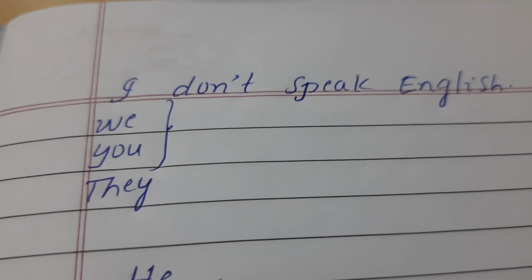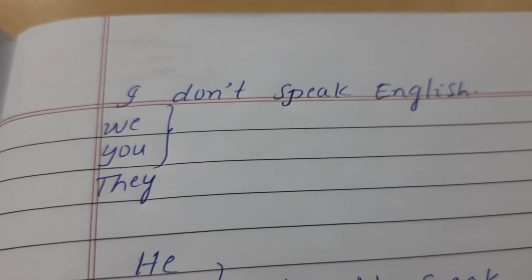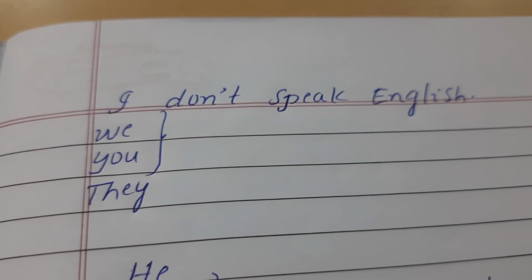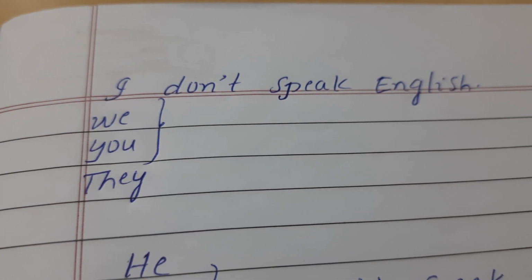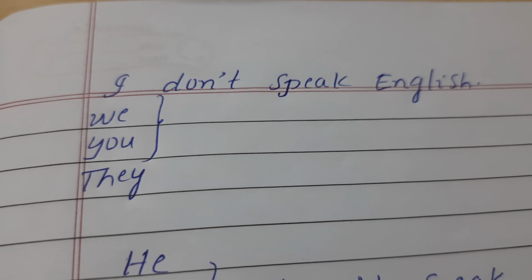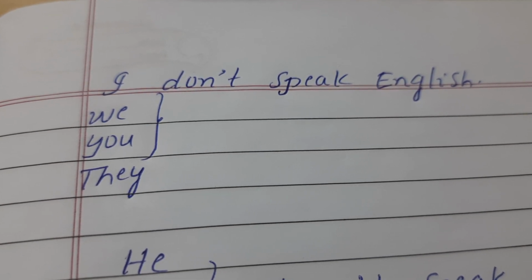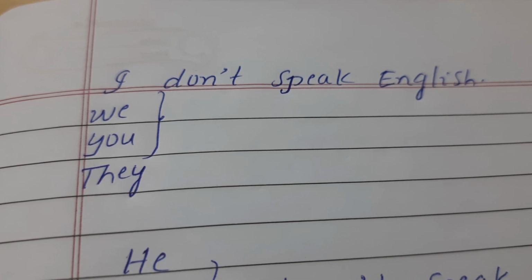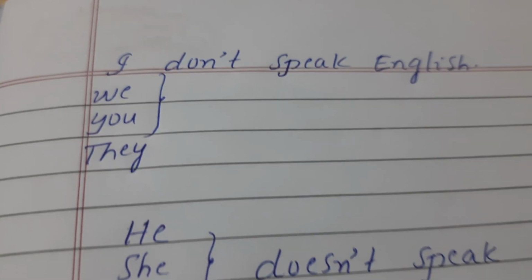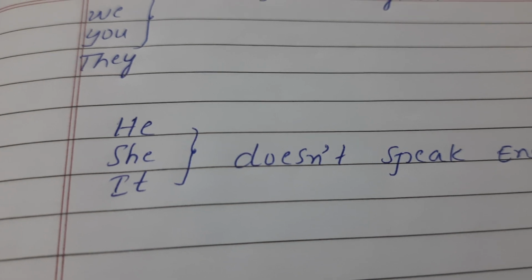Now let us see how to make negative statements. I speak English. What is the negative statement for this? I don't speak English. We don't speak English. You don't speak English. They don't speak English. Now let's take third person singular.